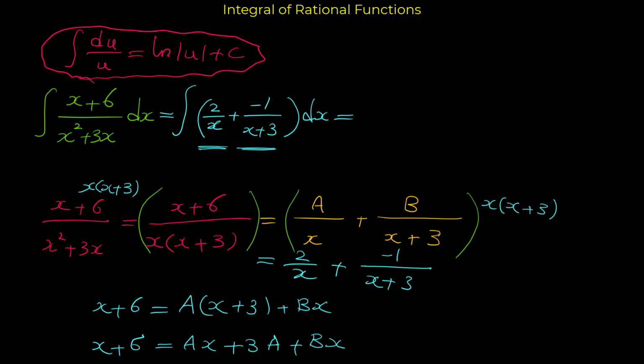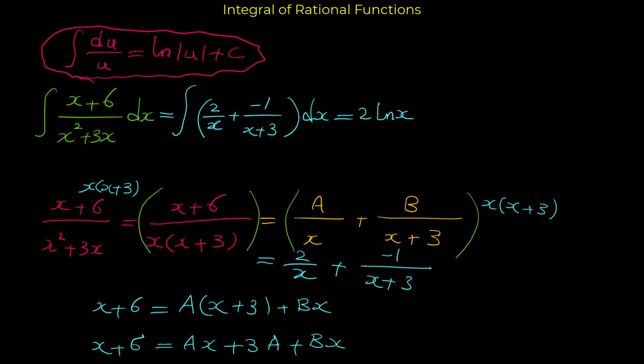Here we have 2 over x. 2 is a constant, so we can think of 2 over x as 2 times 1 over x. What is integral of 1 over x? Based on this formula, integral of 1 over x is simply ln of x. You should be familiar with this probably. So integral of 2 over x is simply 2 ln of x.